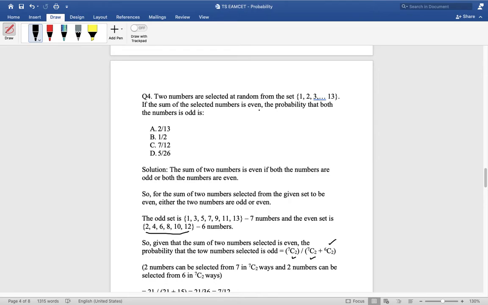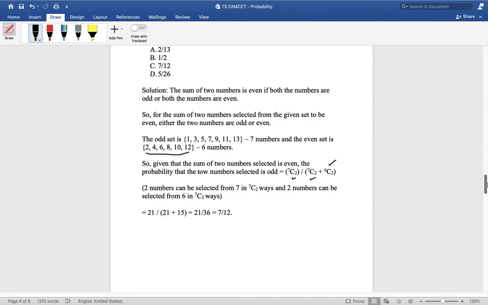So what is the probability that both numbers selected were odd? We can find that out by dividing the number of ways in which you can select two odd numbers by the number of ways in which you can select two odd numbers or two even numbers. So 7C2 divided by 7C2 plus 6C2, which is equal to 21 divided by 21 plus 15, which is 7 by 12.